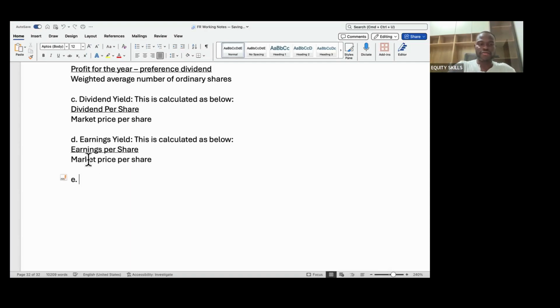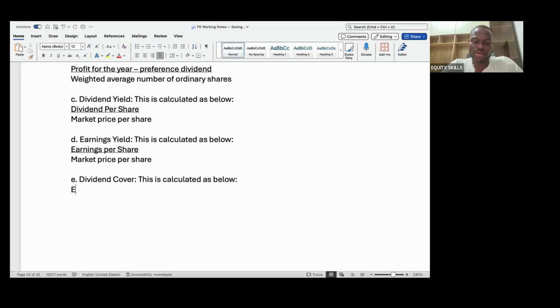Then we have dividend cover. So this looks at the number of times your profits can actually pay your dividend.